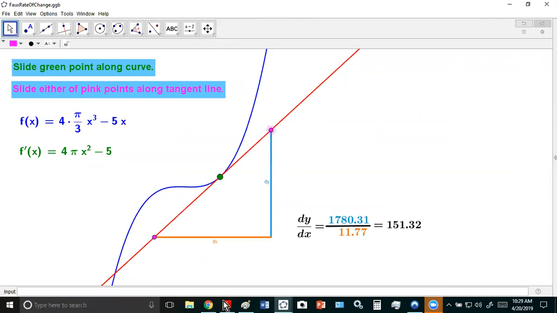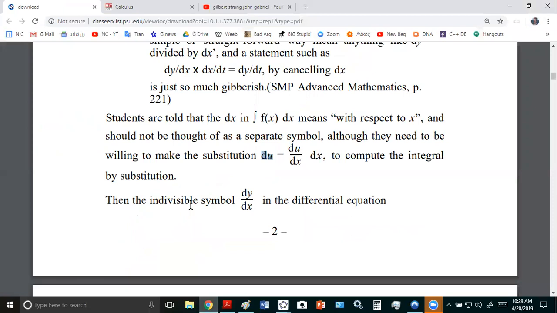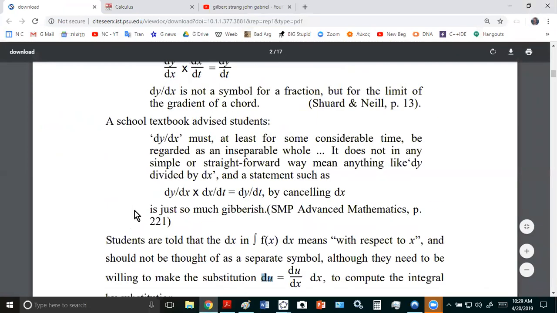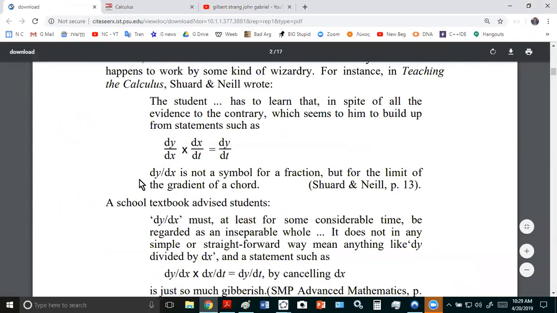There's nothing special about it. So if you can calculate rise over run, you know what a derivative is, you know what a differential is. dy/dx is exactly a fraction, and dy and dx are differentials.